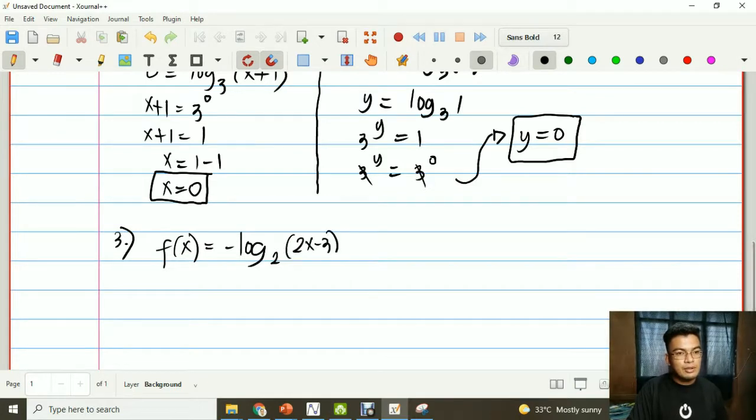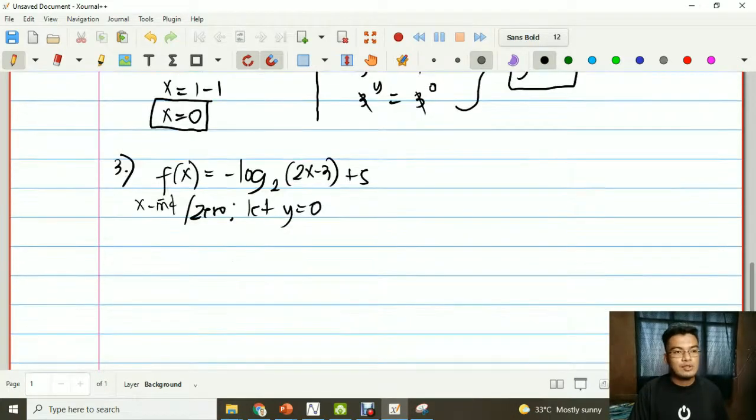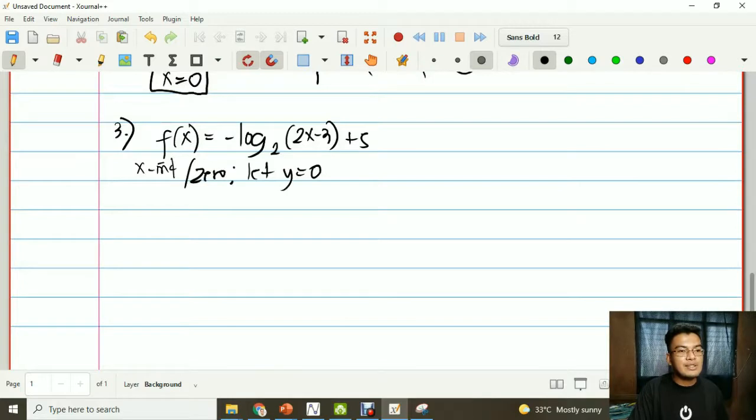For our third example, we have f of x is equal to negative log base 2 of 2x minus 3 plus 5. So for our x-intercept and our zero, we let y be equal to 0. Substituting 0 for our y, we have 0 is equal to negative log base 2 of 2x minus 3 plus 5. We transpose positive 5 to the left, it will become negative 5.